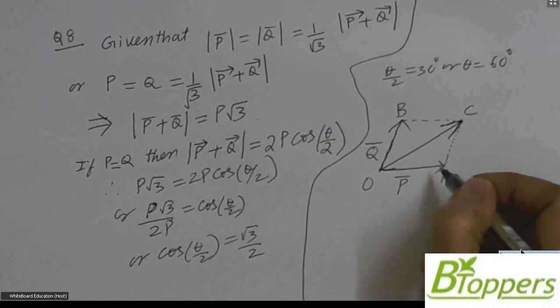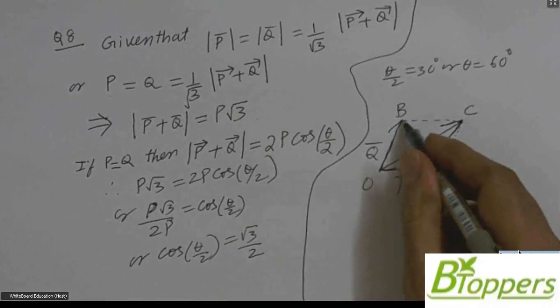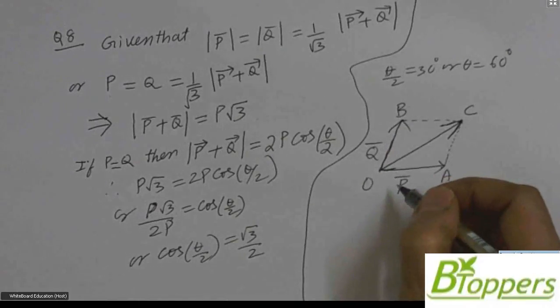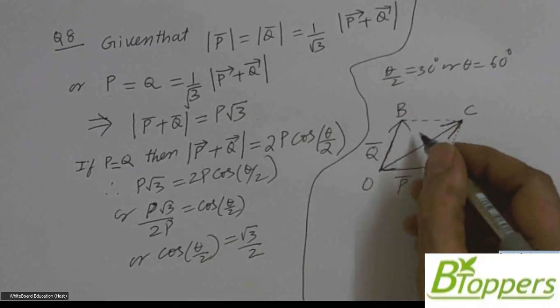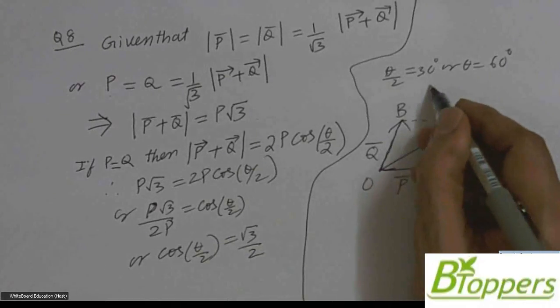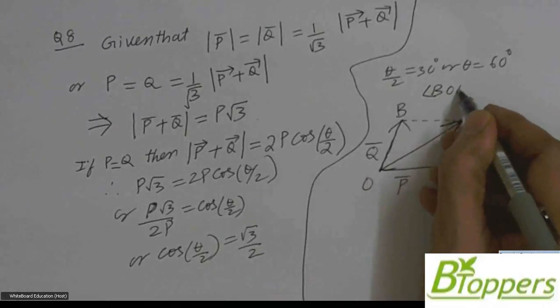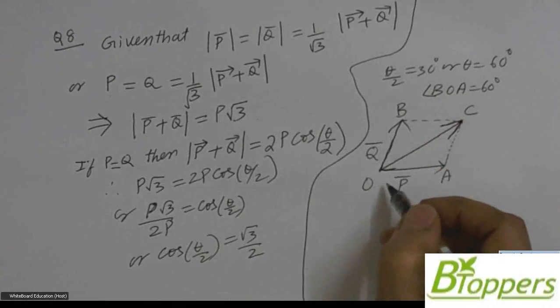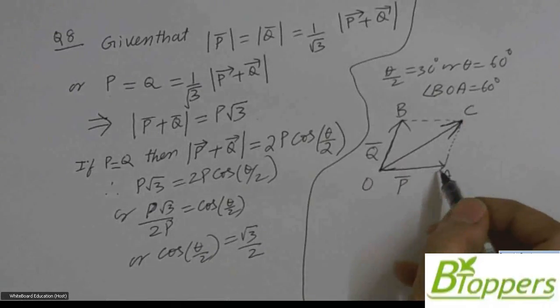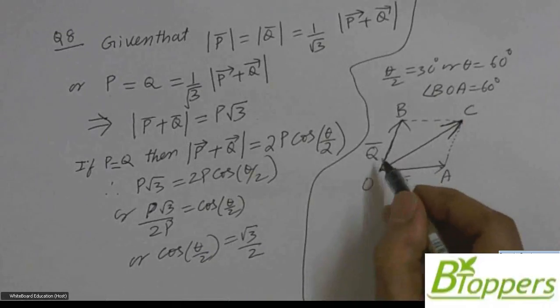So the direct line segment OA bar represents P bar. The direct line segment OB bar represents Q bar. The angle theta is 60 degrees. That means angle BOA equal to 60 degrees. It's given that the two vectors P bar and Q bar have same magnitude.